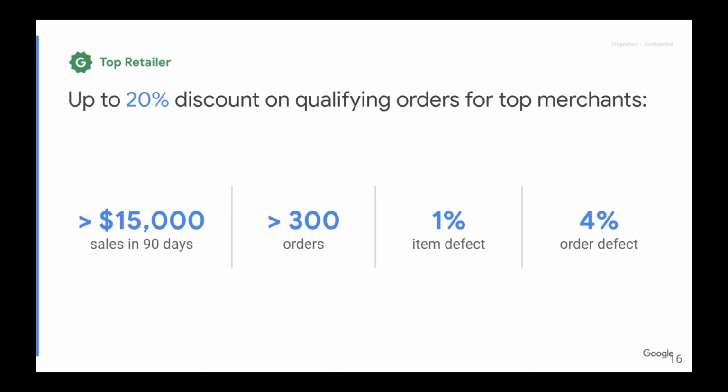The benefit that top retailers get is that on top of the competitive commission rates that we have, top retailers actually get up to 20% discount on those commissions, assuming that they're on all of their qualifying orders. There are a bunch of criteria. Some of them are actually listed on the screen for merchants to be eligible to become a top retailer on the platform. And I will speak about reporting and insights also soon.